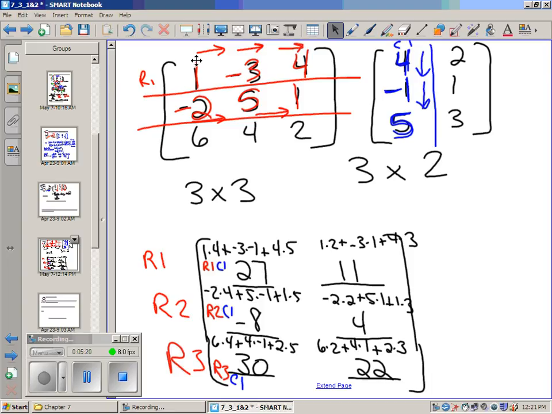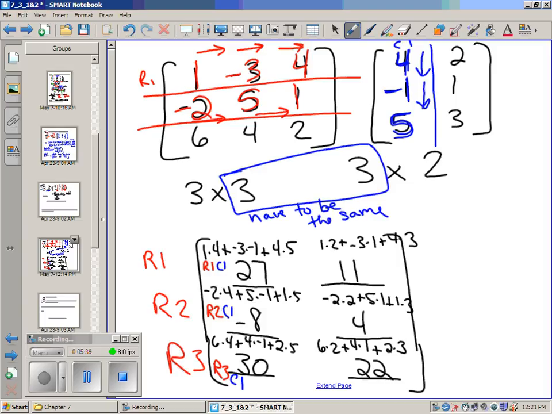Now, something I want to make clear to you in case you don't get this from the next couple of activities. If these two numbers are not the same, it won't work. Those two numbers have to be the same. What do those two numbers stand for? They stand for columns in the first matrix and rows in the second. Who can tell me why?